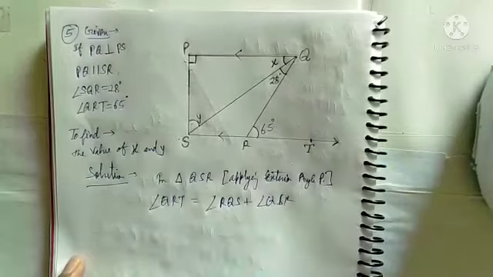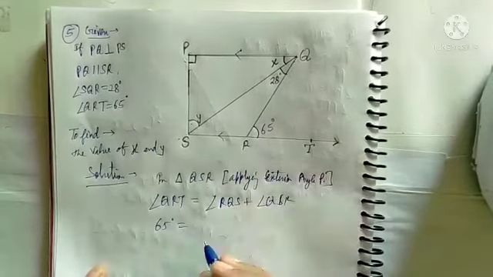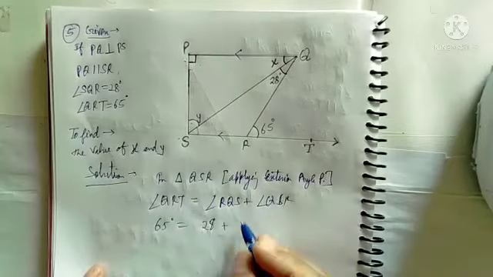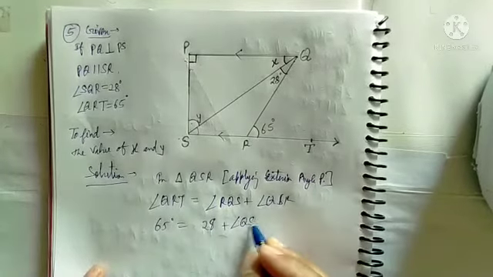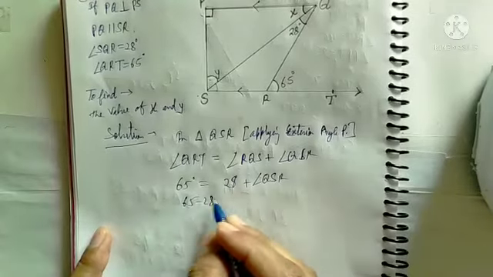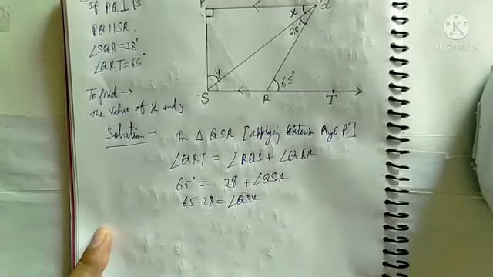So angle QRT, 65 degrees, is equal to 28 degrees plus this angle QSR, which we will find out. Subtract 28 from 65. So 65 minus 28 is equal to angle QSR.